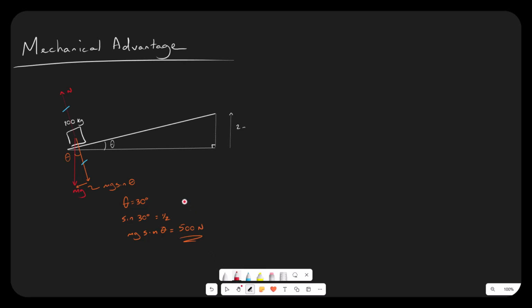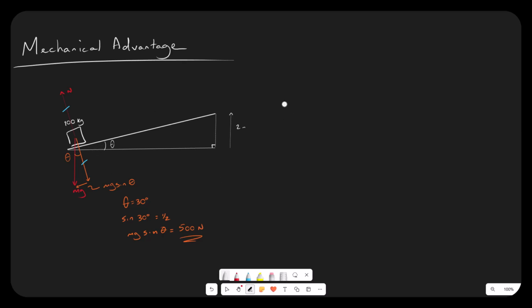The downside is I have to move this up a much bigger distance, so I'm applying a lot less force. I'm just doing it over more distance. That's the idea of mechanical advantage. I'm trading off the amount of force. I'm lessening the amount of force, but my trade-off is always some extra distance.